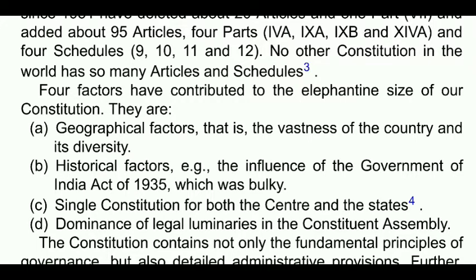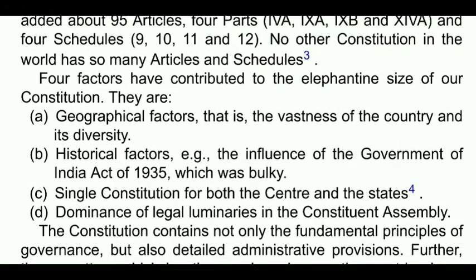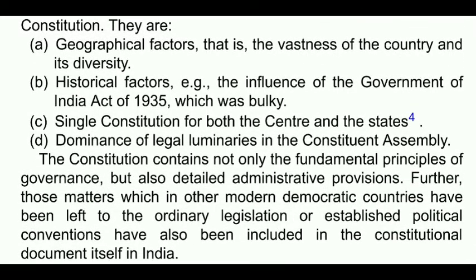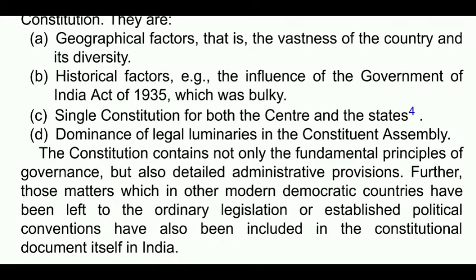Four factors have contributed to the elephantine size of our Constitution. They are geographical factors, that is, the vastness of the country and its diversity. Historical factors, for example, the influence of the Government of India Act of 1935, which was bulky. Single constitution for both the Centre and the states, and dominance of legal luminaries in the Constituent Assembly.